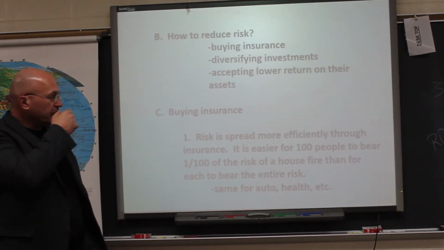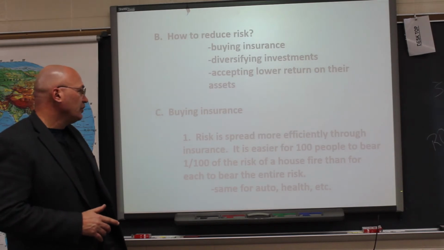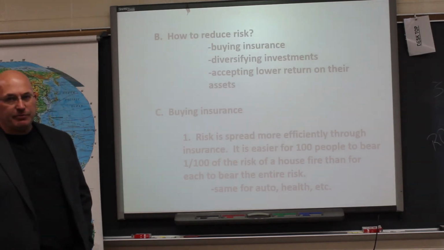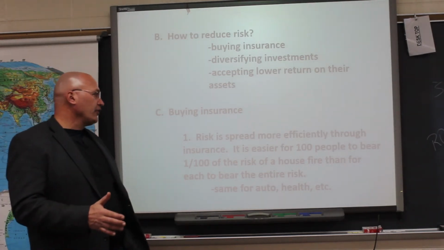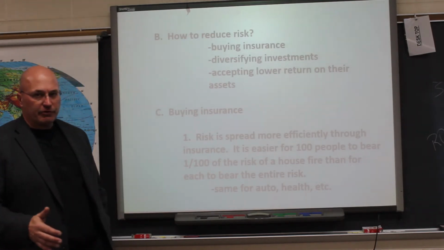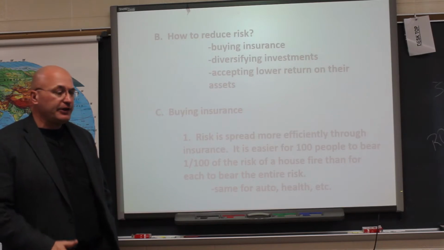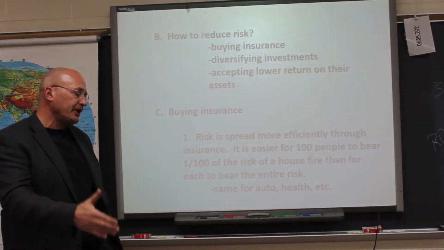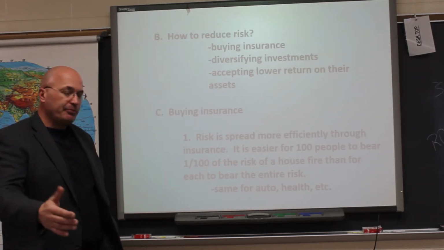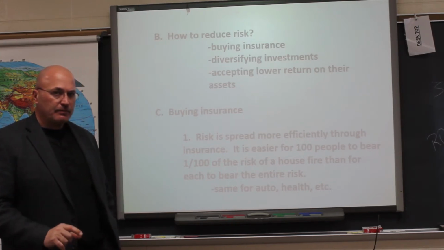How does insurance work? We're going to spread risk through a large number of people. It's a lot easier for 100 people to bear 1/100th of the risk of losing a house. It's a lot easier for me over the years to pay a premium, pay a premium, pay a premium a little bit.